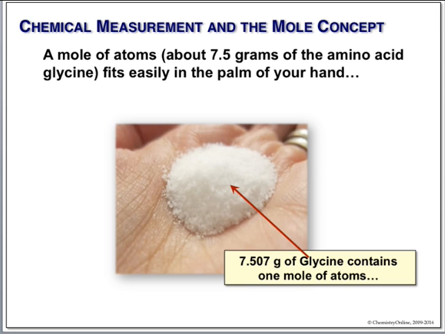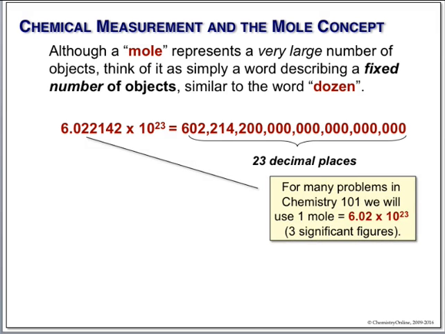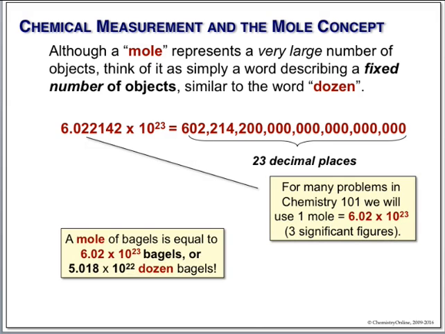When you think about a mole, you should think about the word dozen. We're all familiar with dozens. A dozen is 12, right? Well, a mole is 6.02 times 10 to the 23rd. Just the number. This is the actual number, 6.02 times 10 to the 23rd. Typically, we round it to 6.02. That's the number that you want to use.